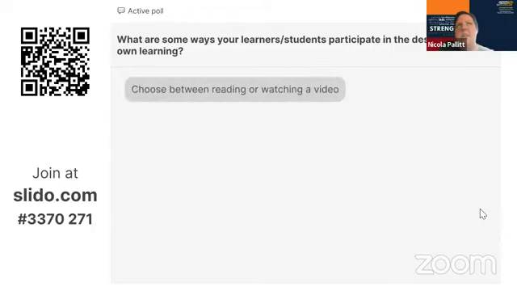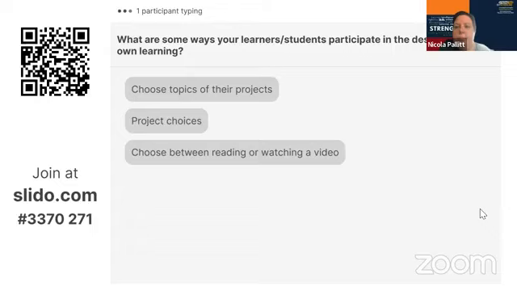And in many spaces, there are constraints, so the student can't design their whole curriculum, right? Okay, here's one: choose between reading or watching a video. So, how they would like to participate in a topic. Choosing a project. Okay, there are two on project topics.